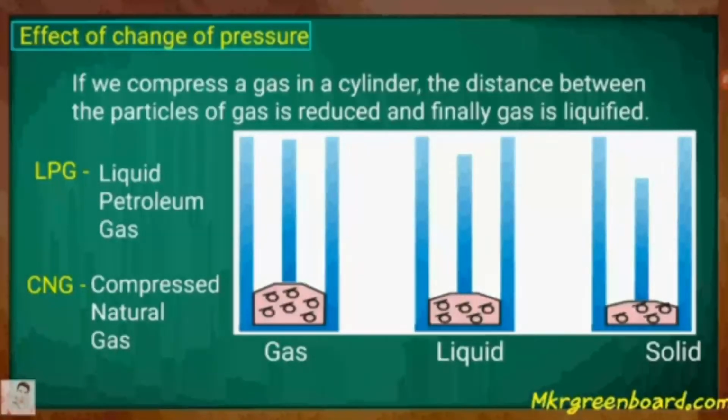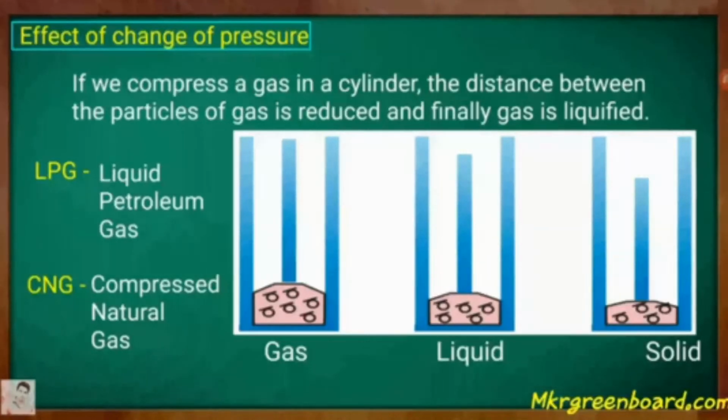Suppose we increase or decrease the pressure, it can change the state of matter. First, in this cylinder the gas is filled and we apply pressure and reduce the temperature, this gas converts into liquid, meaning it is converted into liquefied gas.